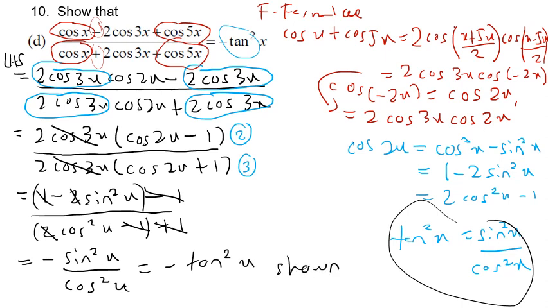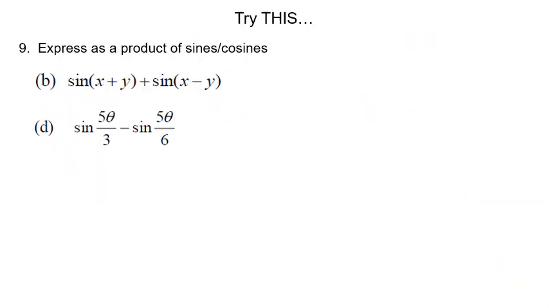Show. Okay, right. So now it's your turn to solve this question. This question is from the tutorial, question 9. Express as a product of sine or cosine using the factor formula. For question B, sine (x plus y) plus sine (x minus y). And for question D, sine 5 theta over 3 minus sine 5 theta over 6.